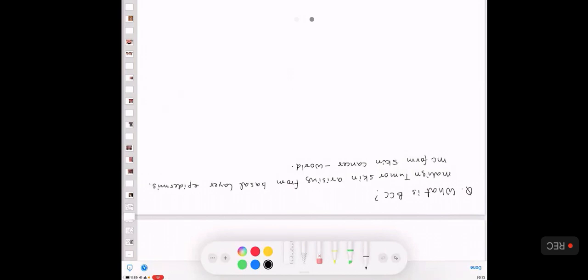Now, what are the predisposing causes of a basal cell cancer? Old age, white colored skin. Maybe we Indians are dark and this is nice, that we get protected. Sun exposure.